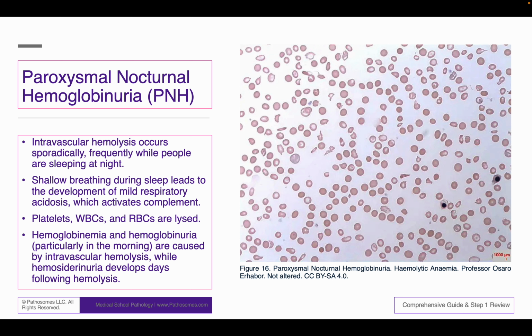Platelets, white blood cells, and RBCs are lysed. Hemoglobinemia and hemoglobinuria, particularly in the morning, are caused by intravascular hemolysis, while hemosiderinuria develops days following hemolysis.